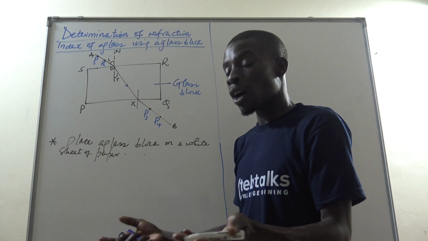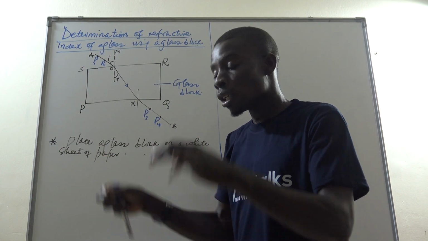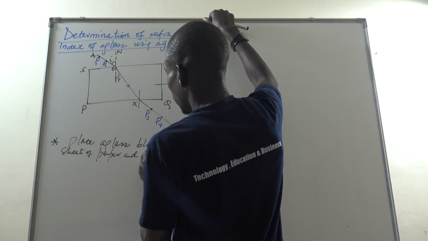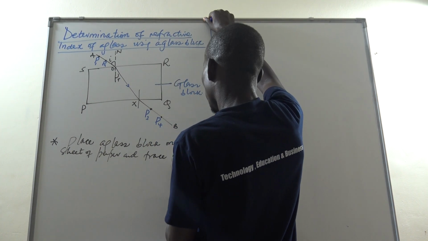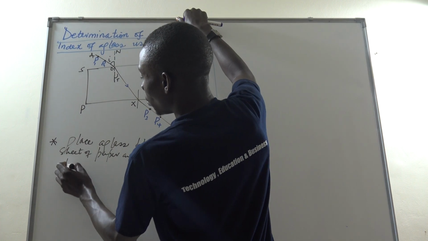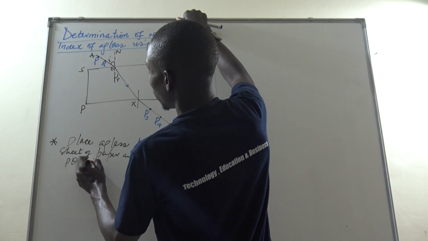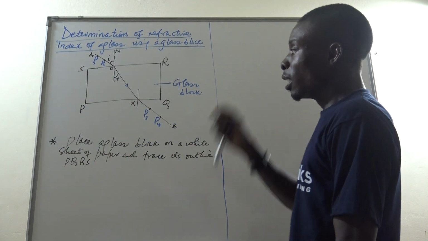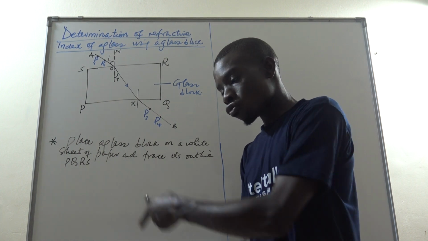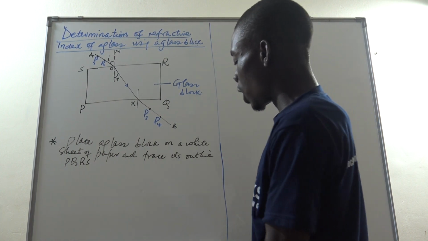Get that block. If you have a white paper on a board, put the glass block and trace its outline, maybe P, Q, R, S, according to the way you have named it. So using a pencil or a pen, trace out the outline, draw out the boundaries.